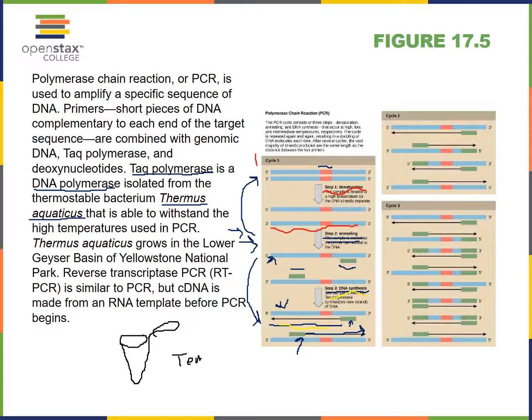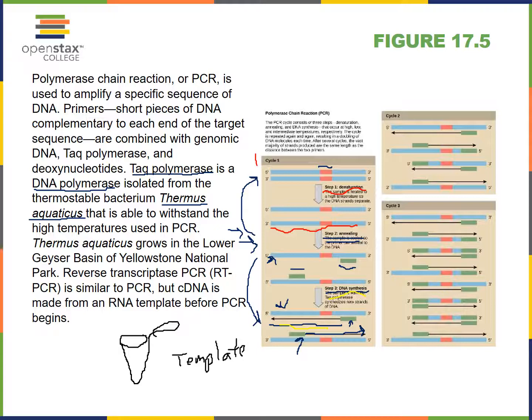By genomic, that would probably be isolated from some live tissue, such as cheek cells or maybe hair follicles. Your template will provide the template for DNA synthesis. It will have your gene of interest or whatever you're trying to amplify.